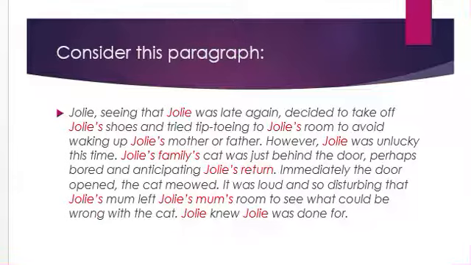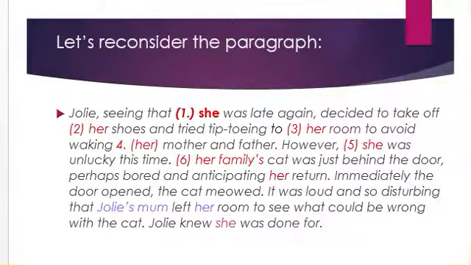What we are always saying is that pronouns should be used appropriately, and you have to consider, one, the gender, and two, another thing about the she that is used here. When we were going to replace the Jolie here, we used she was late, one, because we discovered that Jolie is one person, that's singular. Two, Jolie is a female person.